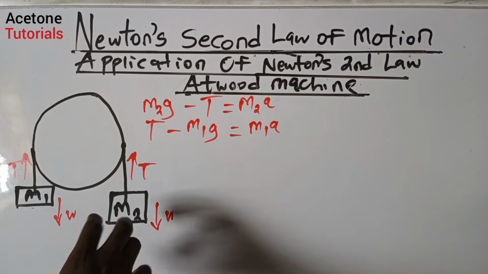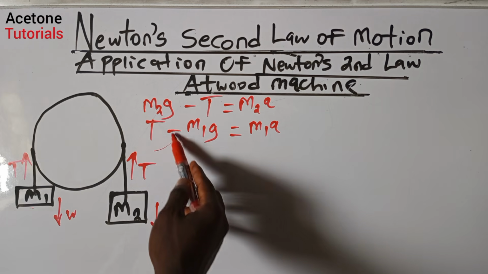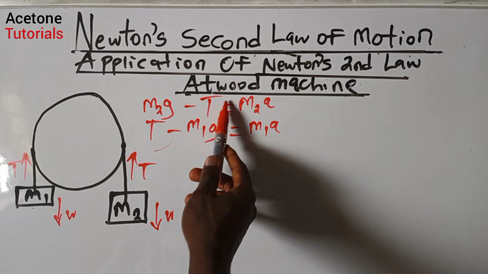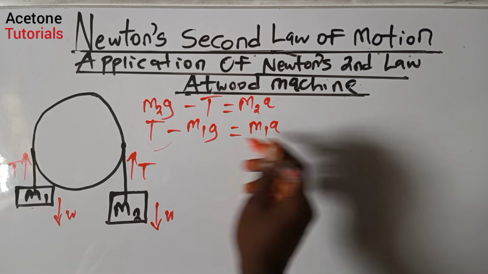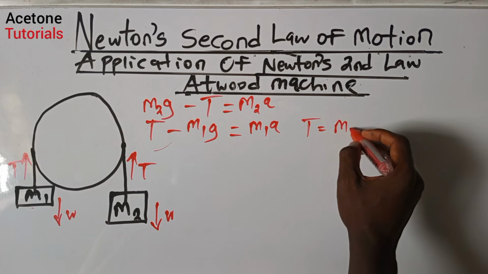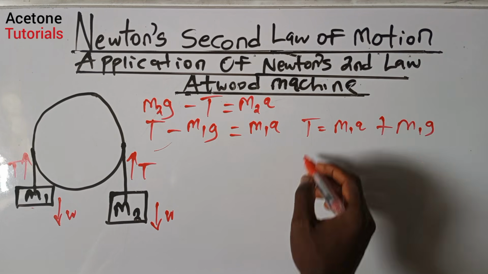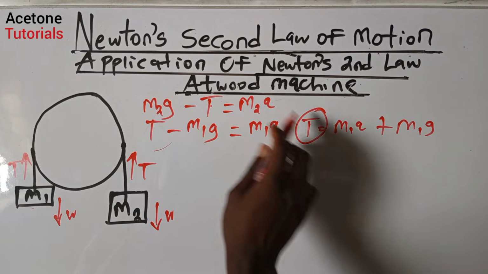Since the rope is connected, the tension is equal. Now we can make the tension the subject of the formula here and put it here. So the tension is equal to m1a plus m1g.